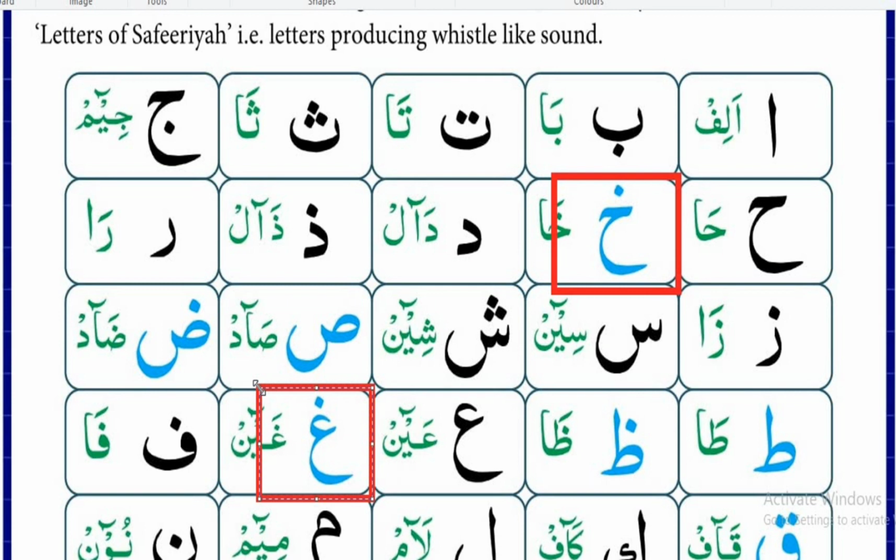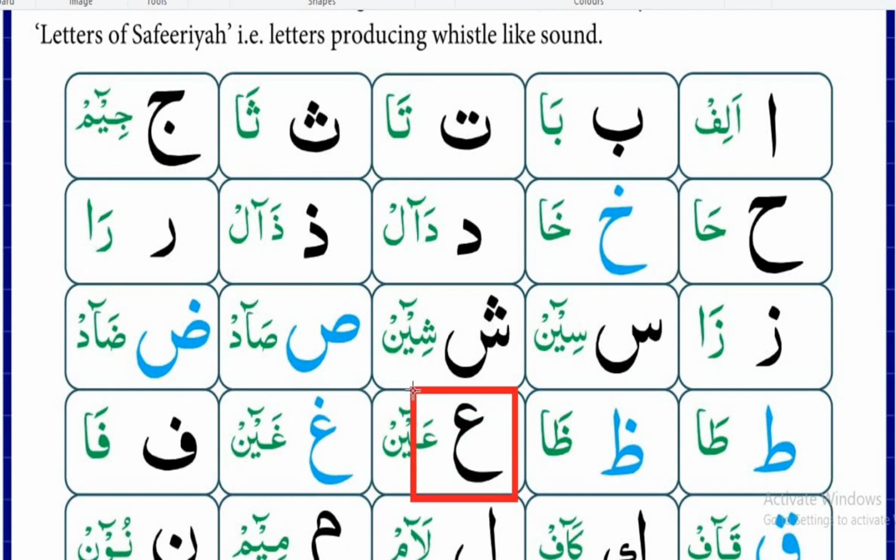The top one was kha and this one is ghain. Ghain and kha are two different sounds but are pronounced from exactly the same point. So without the dot, the letter is ayn, and the one with the dot on top is ghain.